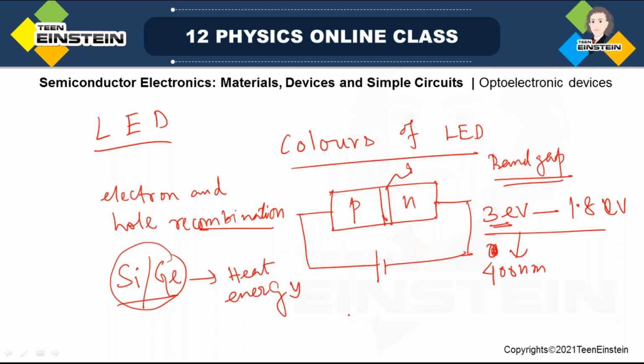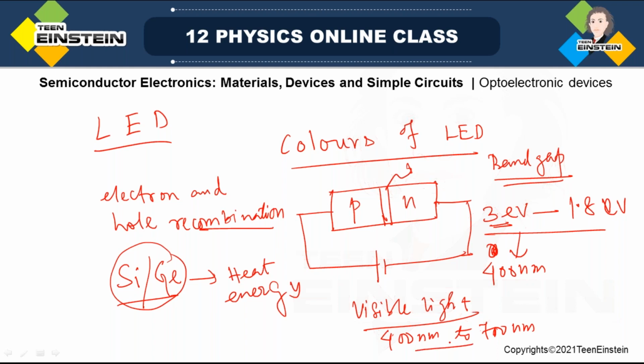400 nanometer, because we know visible light has a wavelength range from 400 nanometer, or 4000 angstrom, to 7000 angstrom, or 700 nanometer.